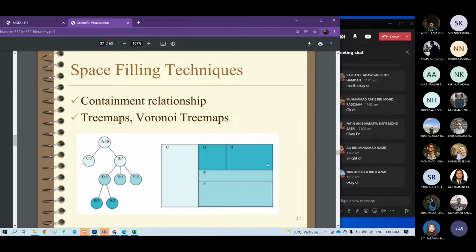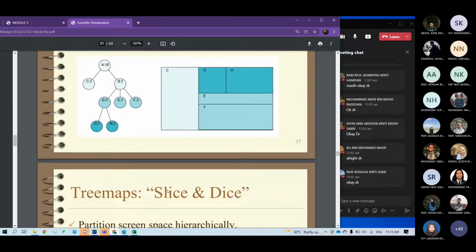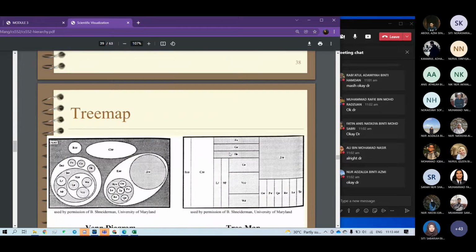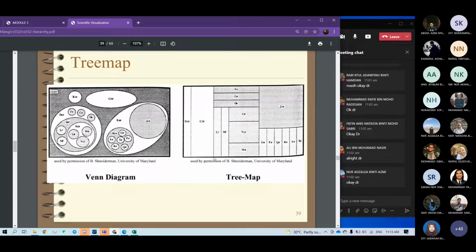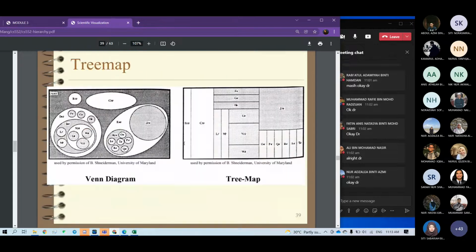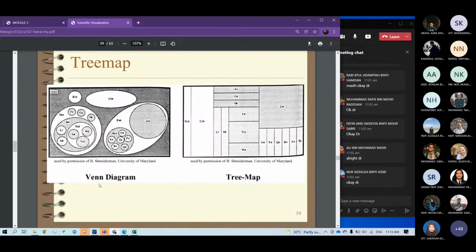Space, you can see these are spaces. These are also spaces. The bigger, this is called hybrid, it can be hybrid. The bigger the bubble here, it means the more frequency there. Slice and dice. You see this. Please read. They represent area. This is another Venn diagram.